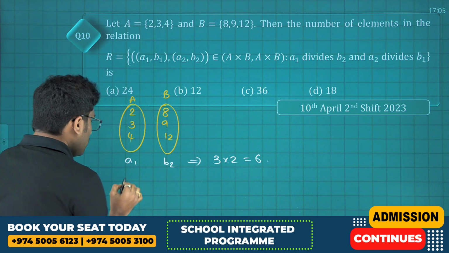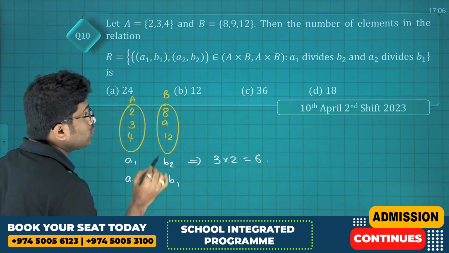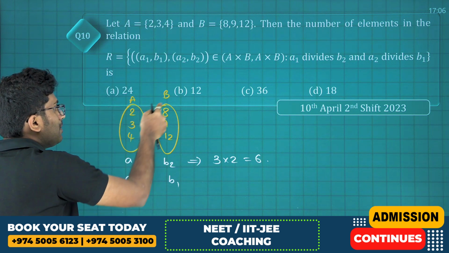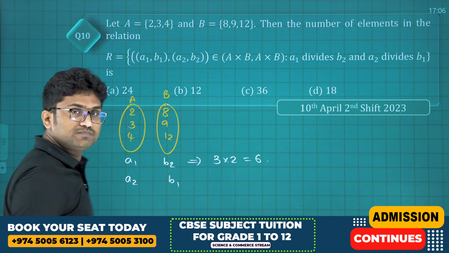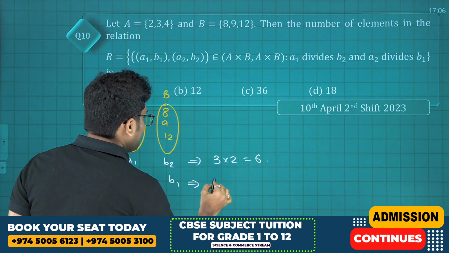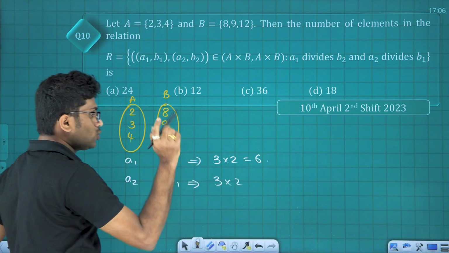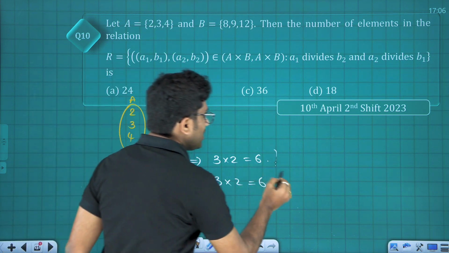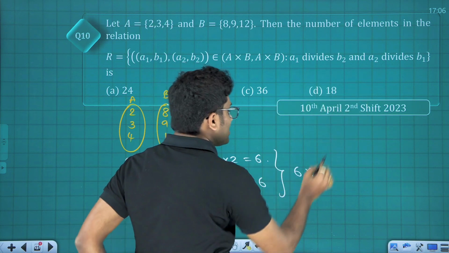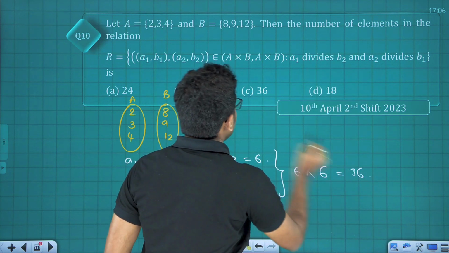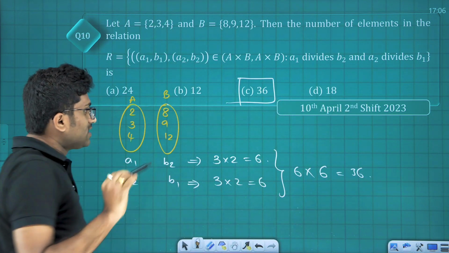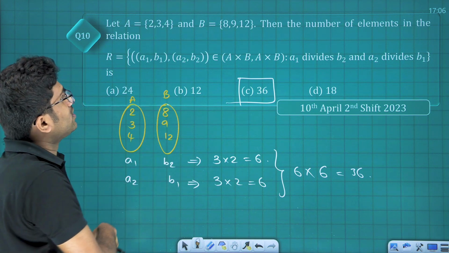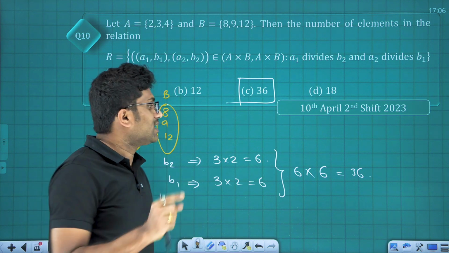Now with (a2, b1), a2 divides b1, same story again. If I take a2 as 2, b1 can be either 8 or 12. So each element in A can associate with 2 elements in B, 3 twos are 6. Now the total number of ordered pairs is 6 into 6, which is equal to 36. So the number of ordered pairs in that relation R will be 36.